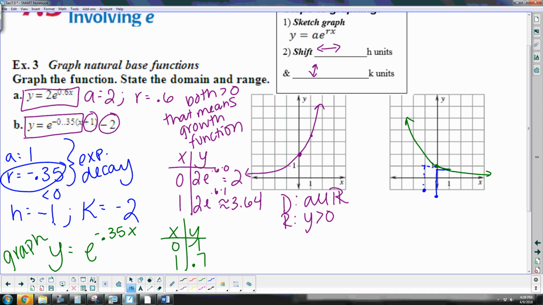Our asymptote goes from here down 2 units. So now it's at y is negative 2 instead of y is 0. Okay, so we can sketch in this graph here.